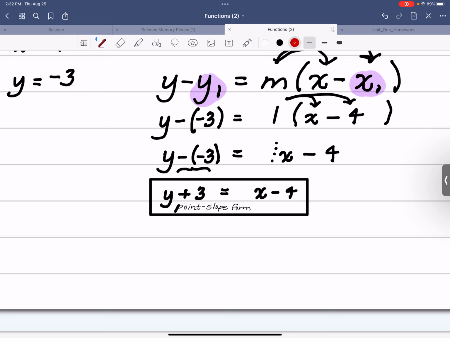Let's go ahead and write that equation in slope-intercept form. Now we need the pattern for slope-intercept form, and that is y equals mx plus b.